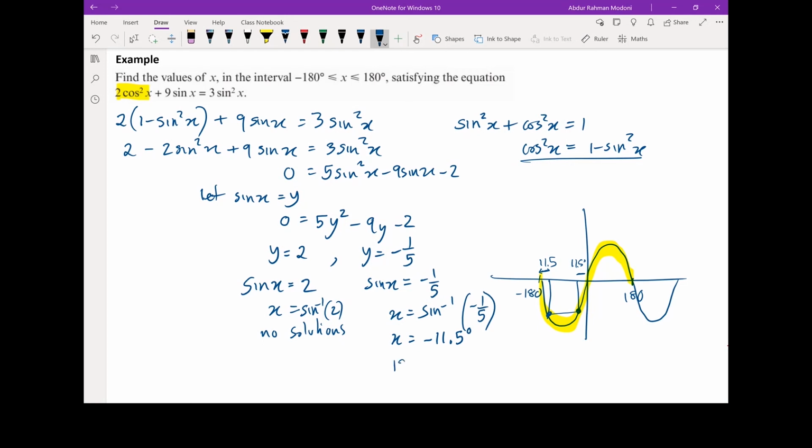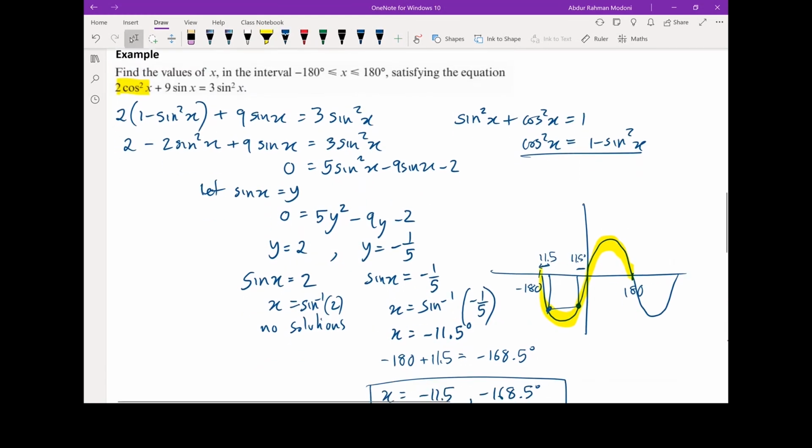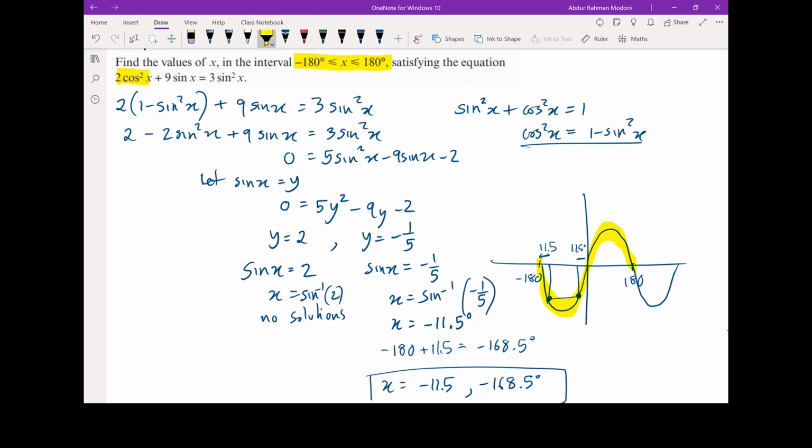So minus 180 plus 11.5 degrees, and that gets me minus 168.5 degrees. So I will go and write down my solutions. x is equal to minus 11.5, comma, minus 168.5 degrees. And they are all the solutions within that cycle, minus 180 to 180, which we've already considered here using the graph.